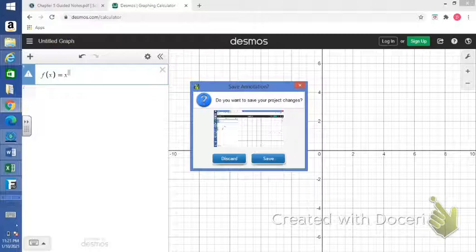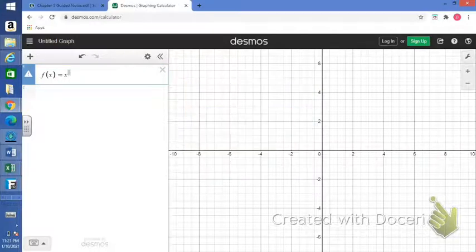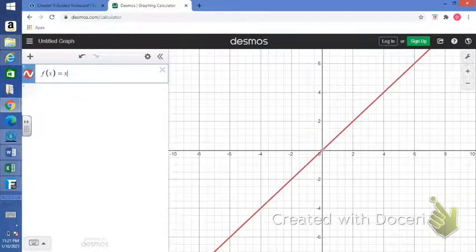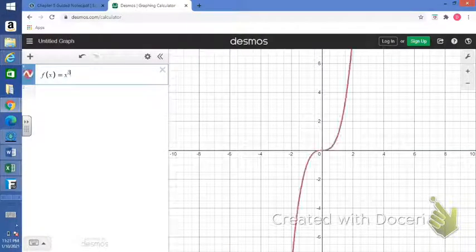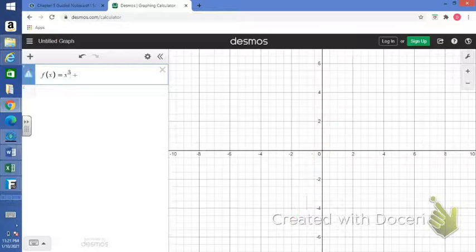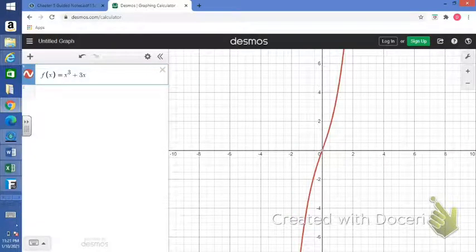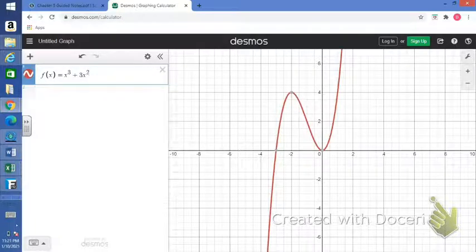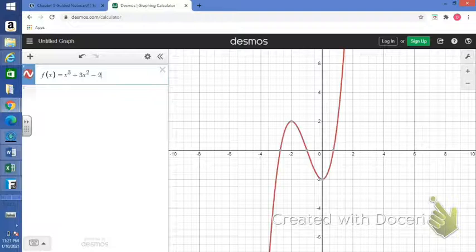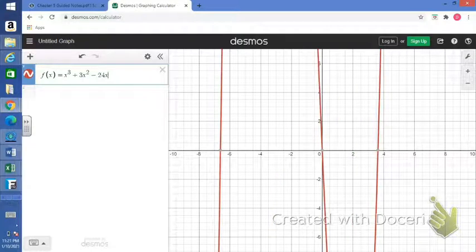Alright, so x to the third, then you're going to have to hit the right arrow, plus 3x caret 2, hit the right arrow, minus 24x.